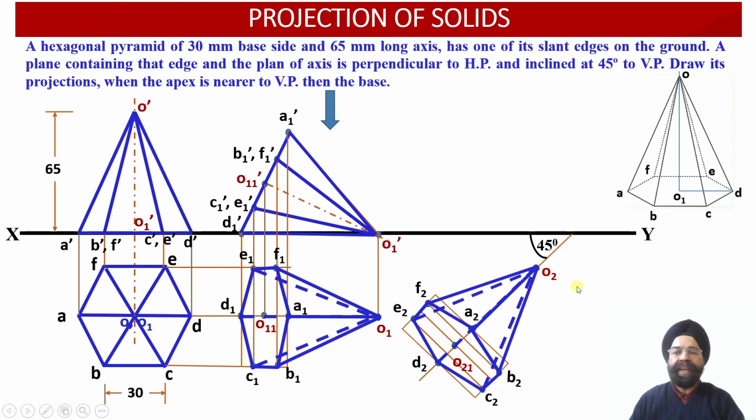So this way we have been able to obtain the top view projections of an oblique hexagonal pyramid in which the pyramid was rotated with respect to the horizontal plane in such a way that one of the slant edges was contained by the horizontal plane, and then the plane containing that edge which is resting onto the ground and the plane of the axis is further inclined at an angle of 45 degrees with respect to the vertical plane.